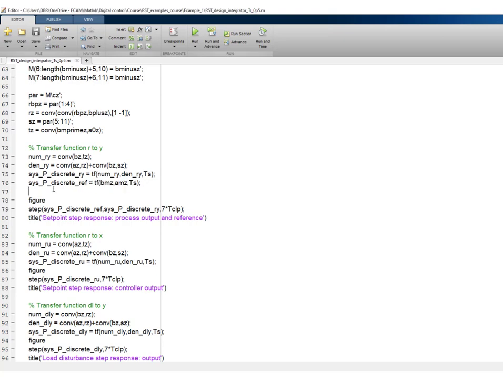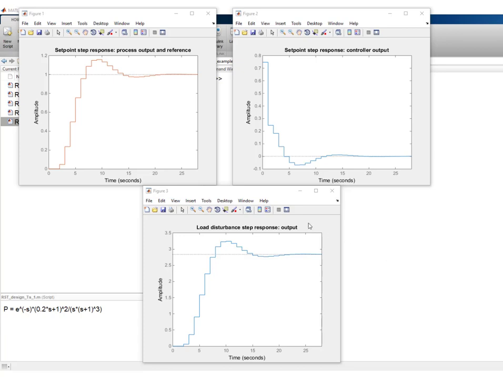Here we have also plotted the reference model. And here you can see the step response. As you can see, well, the actual response and that of the reference model are one upon another, so you cannot see the difference. We meet, of course, the specifications in terms of overshoot, settling time, and of course the static gain is 1.